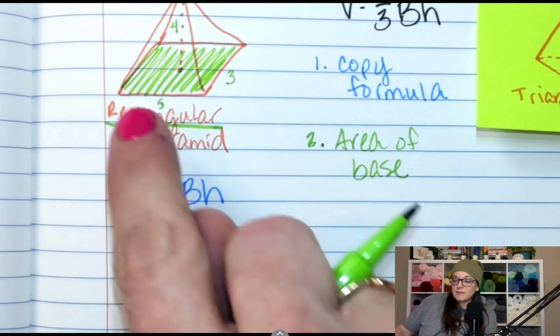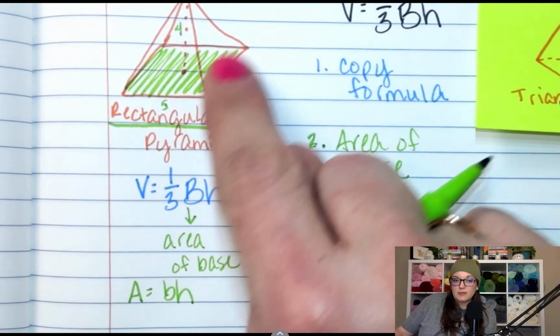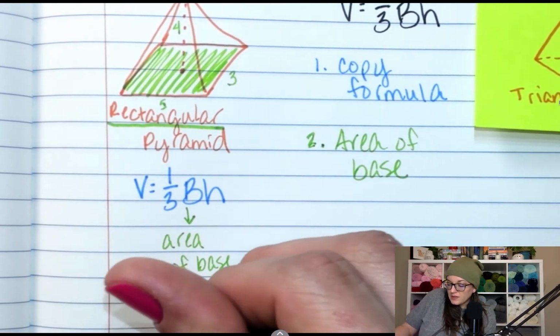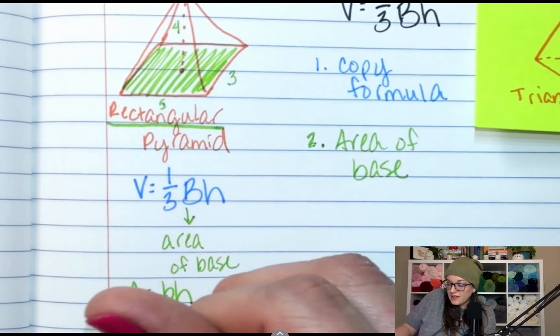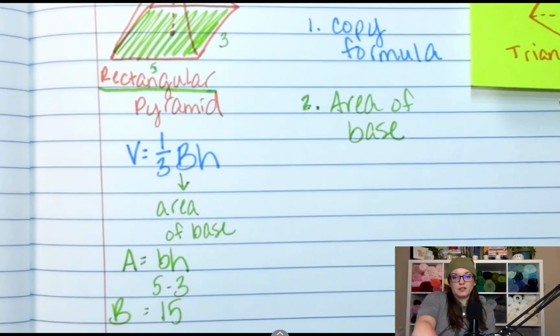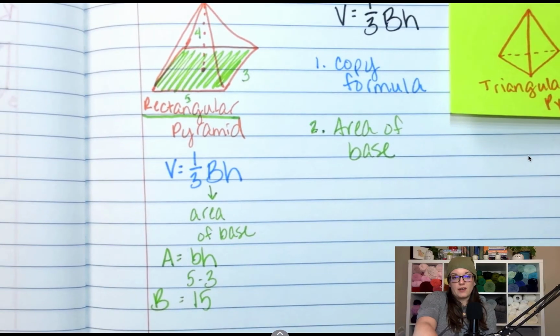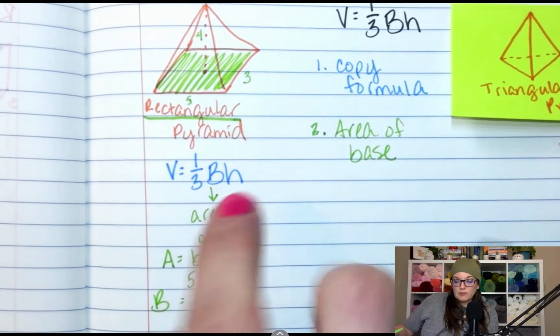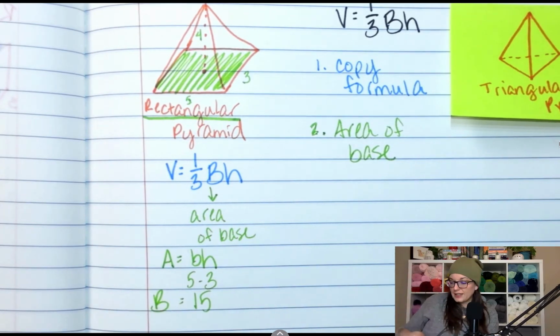It's 15, because 5 times 3 is 15. And this is capital B. Now, once I know the area of the base, next I'm looking for the height. What's the height?